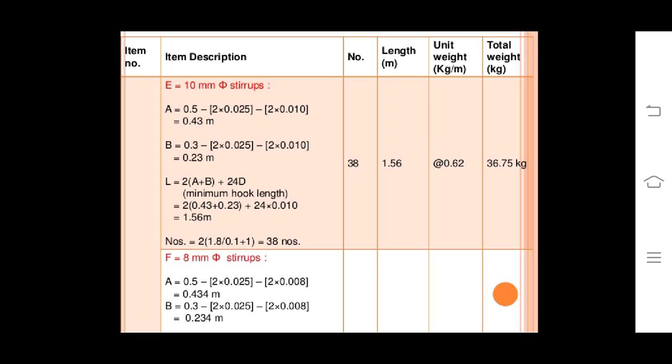The number of stirrups can be calculated by 2 into 1.8 divided by 0.1 plus 1, which is equal to 38 numbers.